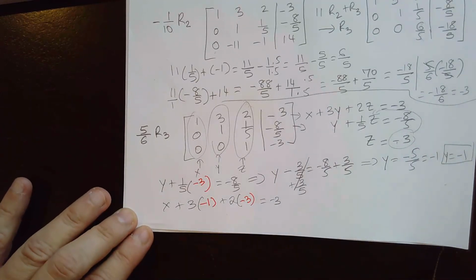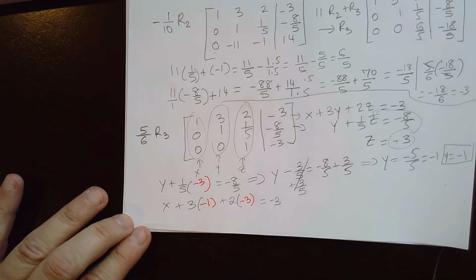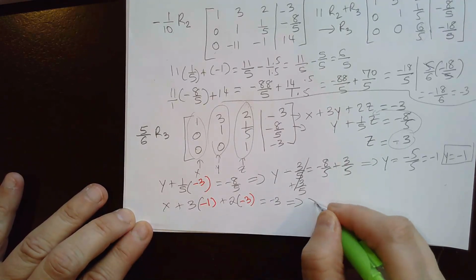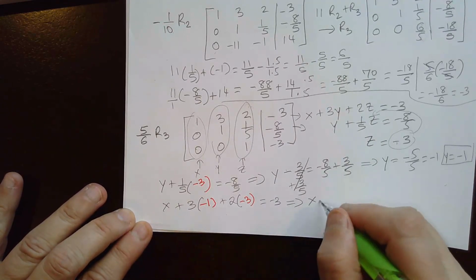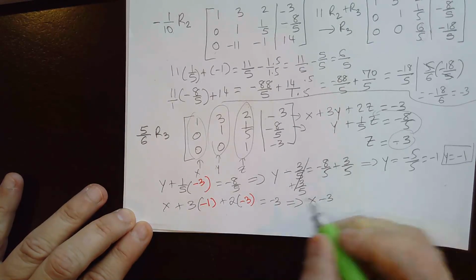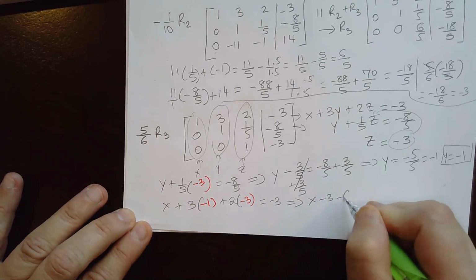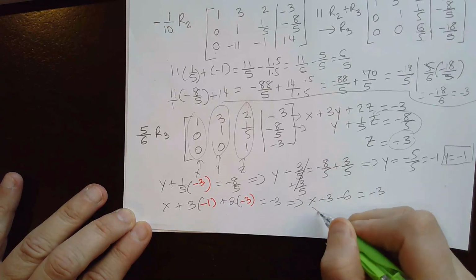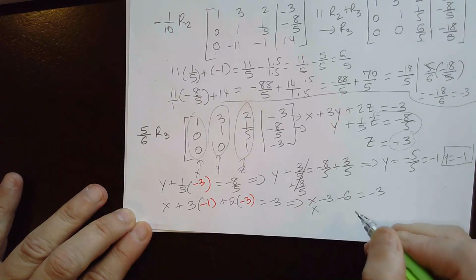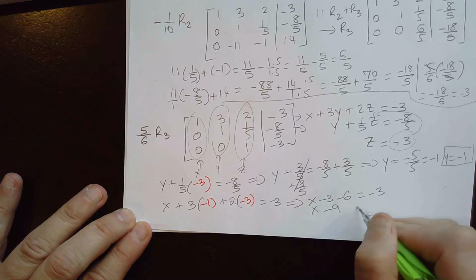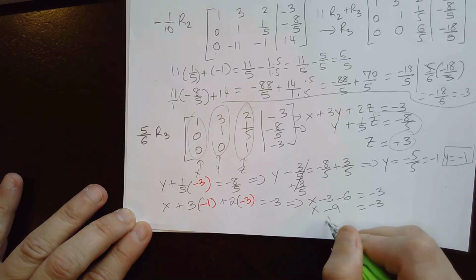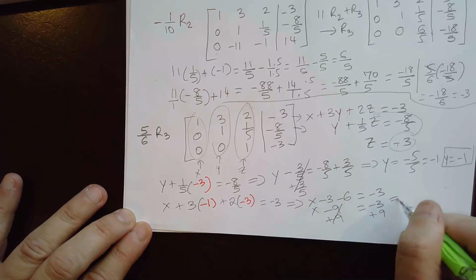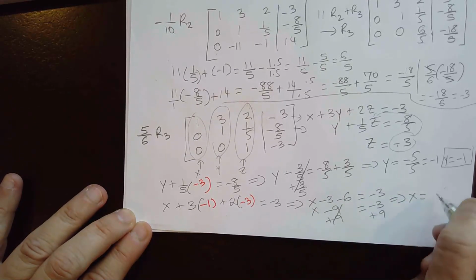So again, x is going to be an integer, not a fraction. So x, 3 times negative 1 is negative 3. 2 times negative 3 is negative 6, equal to negative 3. So x minus 3 minus 6 is minus 9, equal to negative 3. You add 9 on both sides of the equation. This cancels, and you end up with x equal to 6.